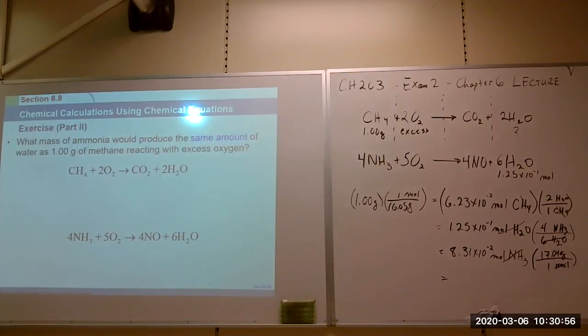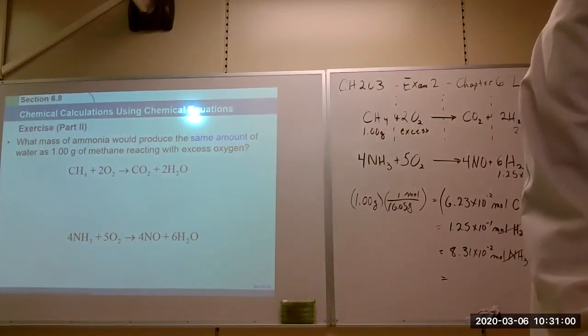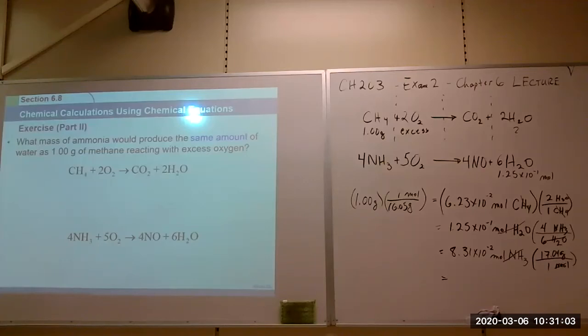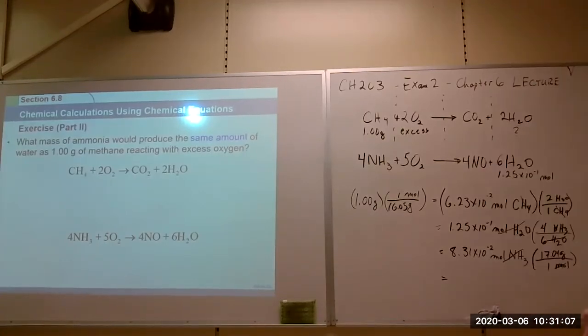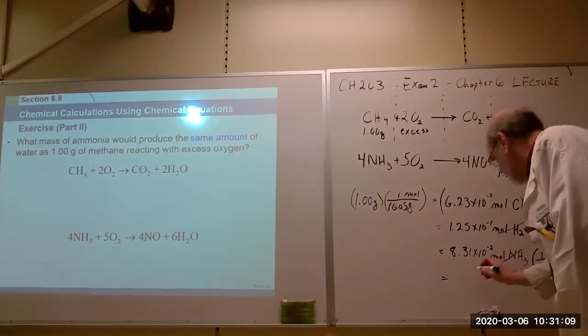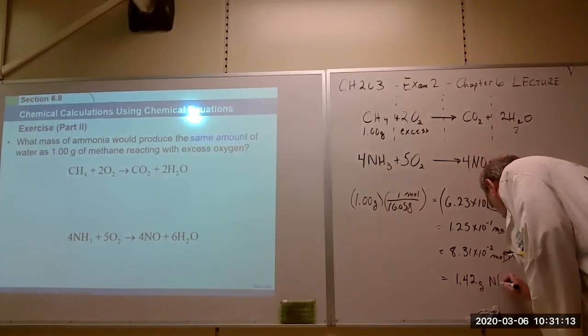That leaves us with grams. See if I still got it in my calculator. Yep. It's multiplied. So I get 1.42 grams of ammonia.